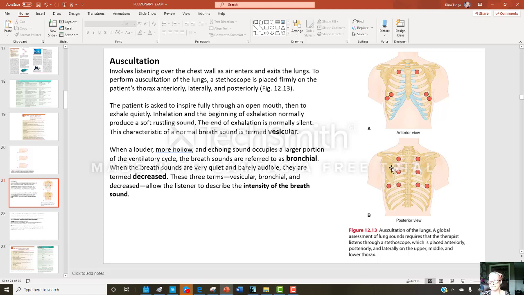And then again below the scapula, right below the scapula. So 1, 2, 3, 4, 5, 6, 7, 8.